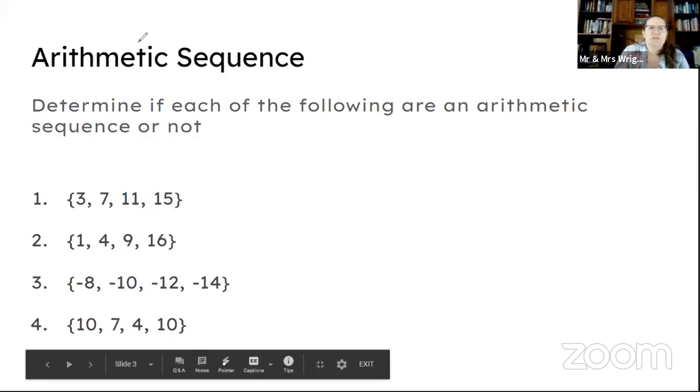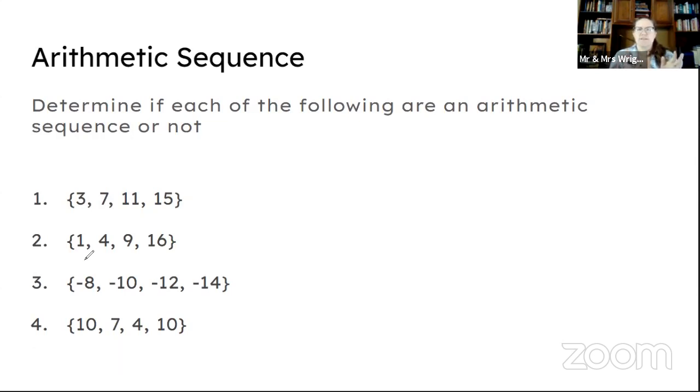Okay, so we just looked at a sequence and we determined that everything was set at a difference of 2. It was a common difference, so it was the same between every number. So we need to look at these and see if there's a common difference between each and every one. So 3 to 7, well, 7 minus 3, or you can just count up 3, 4, 5, 6, 7.